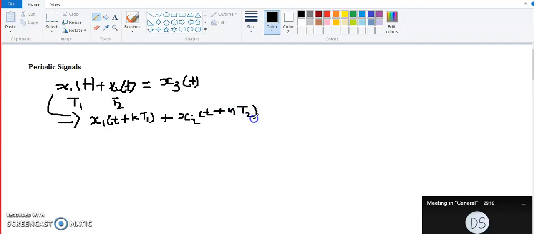Because x1(t) is periodic in T1 and x2(t) is periodic in T2, these two signals will be equal to these. Now if we need x3(t) to be periodic, then it should also repeat its values after some time period, let us say T3.